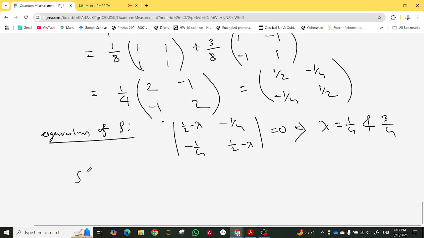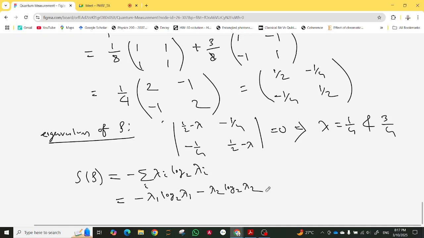So your S of rho will be given by minus sum over i of lambda i log base 2 of lambda i. This is minus lambda 1 log base 2 lambda 1 minus lambda 2 log base 2 lambda 2.